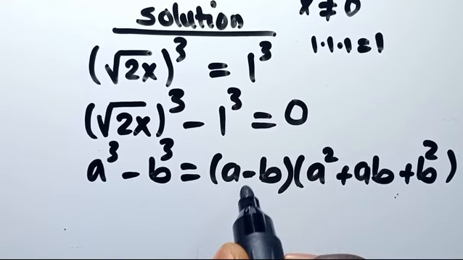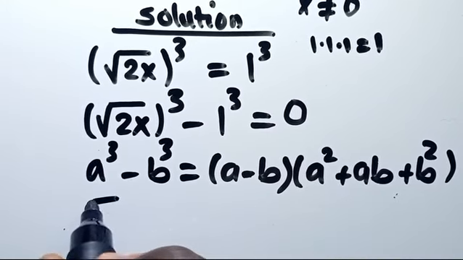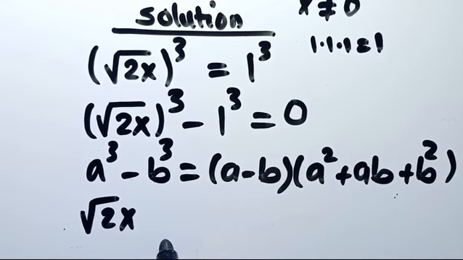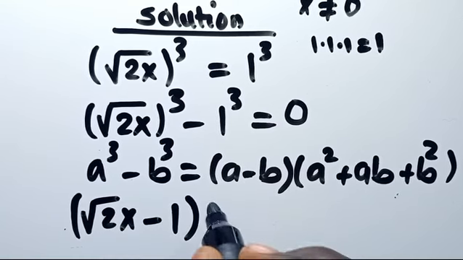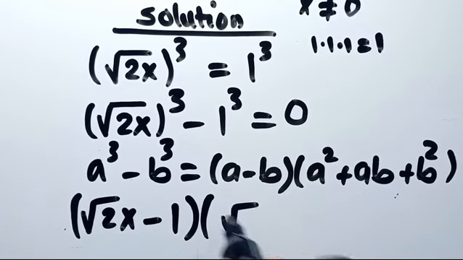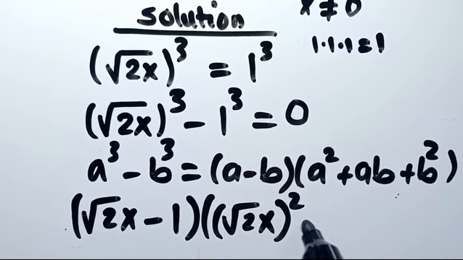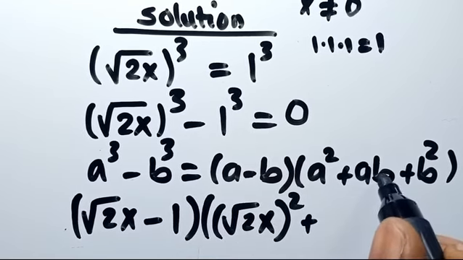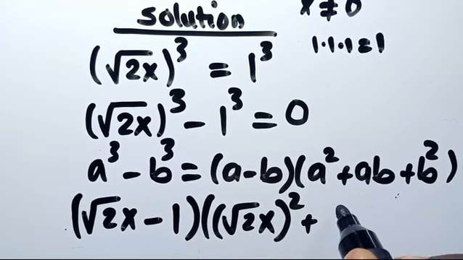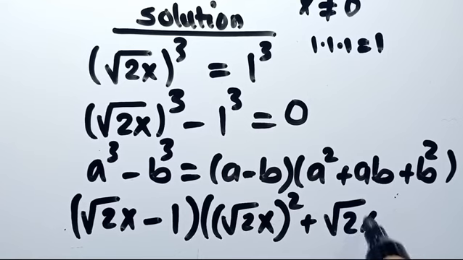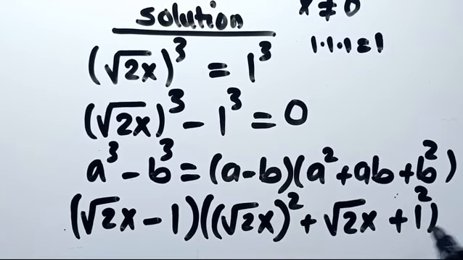So from here, we have root 2x minus 1, times (root 2x) squared plus root 2x times b, which is 1, plus 1 squared, and everything equals 0.